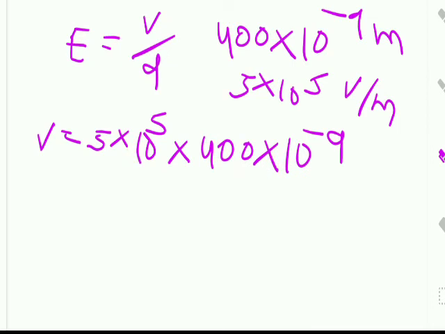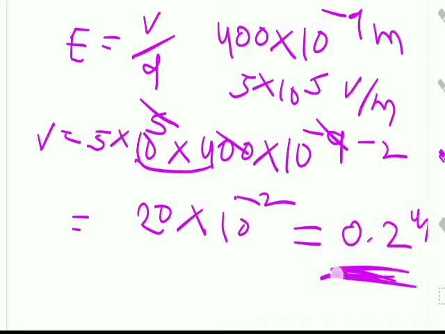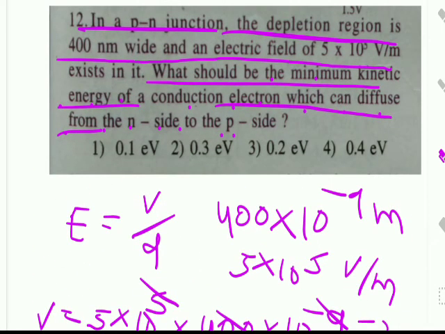So 5 into 4 is 20 into 10 to the power of minus 2, which is equal to 0.2 electron volts. That is the right answer. Check the options: 0.2 electron volts. The third answer is right.